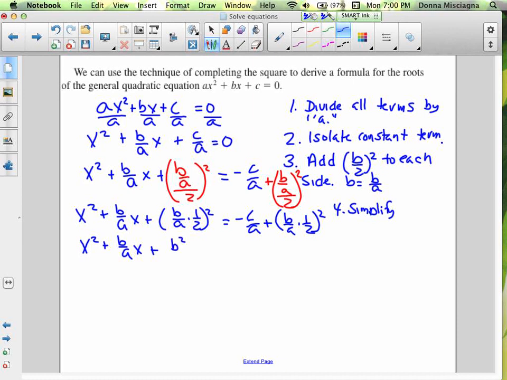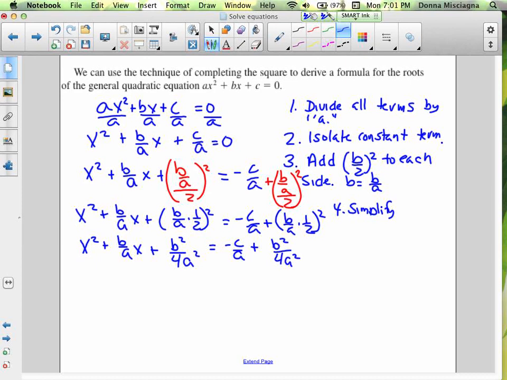In the denominator, let's put the number first, because usually we put coefficients first. So 2 squared is going to be 4, and a squared is going to be, well, a squared. Equals, let's do the same thing on the other side, equals negative c over a plus b squared divided by 4a squared.